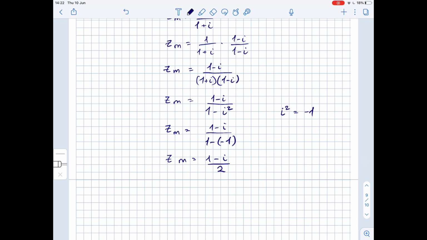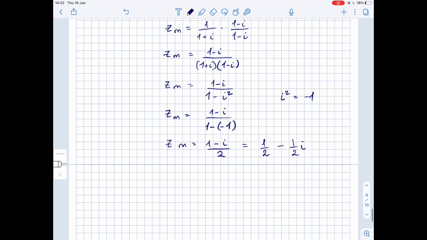That's why z^-1 equals 1/2 minus 1/2 times i. So the required multiplicative inverse of the given complex number is 1/2 minus 1/2 i.